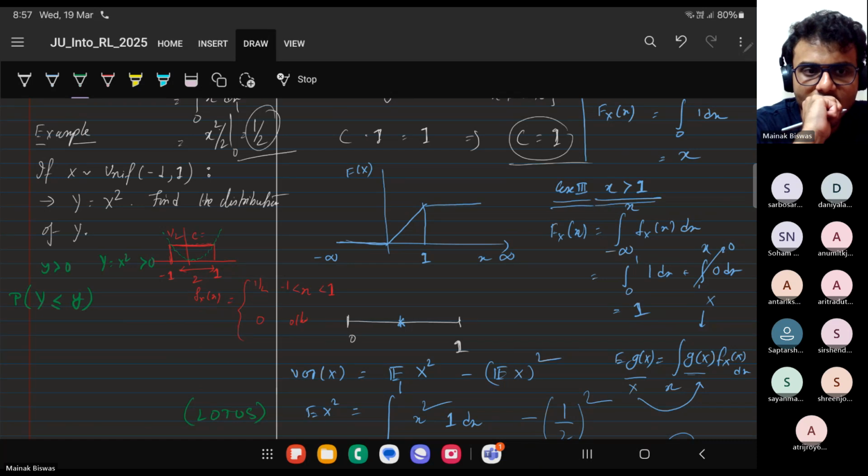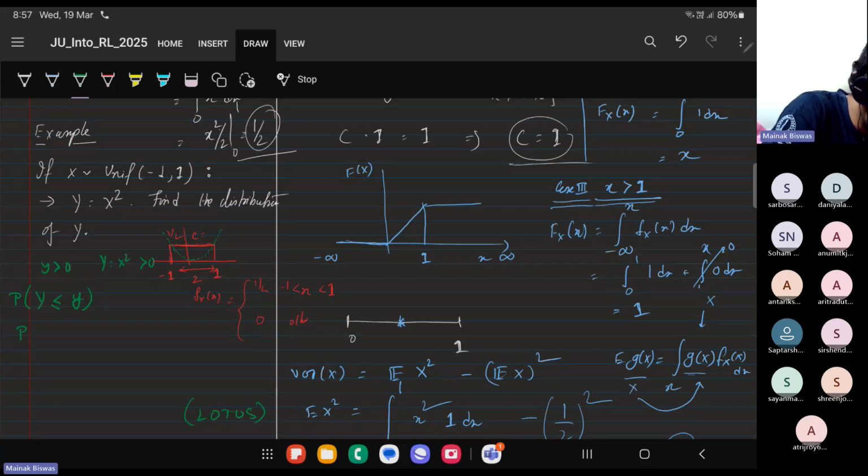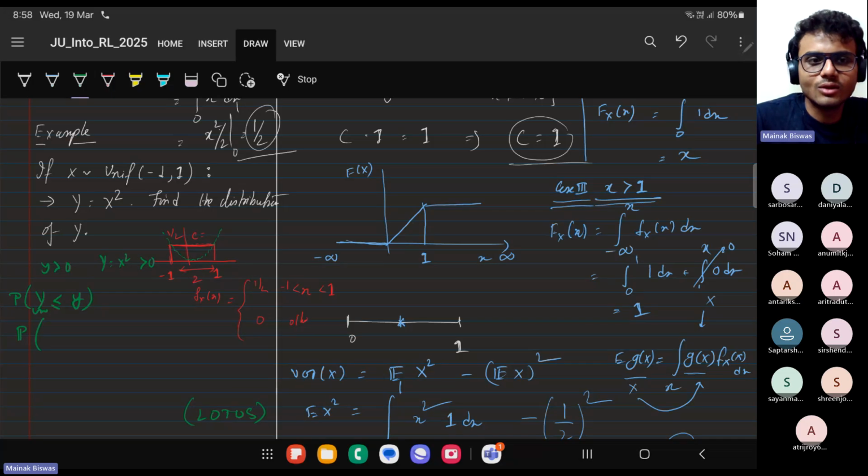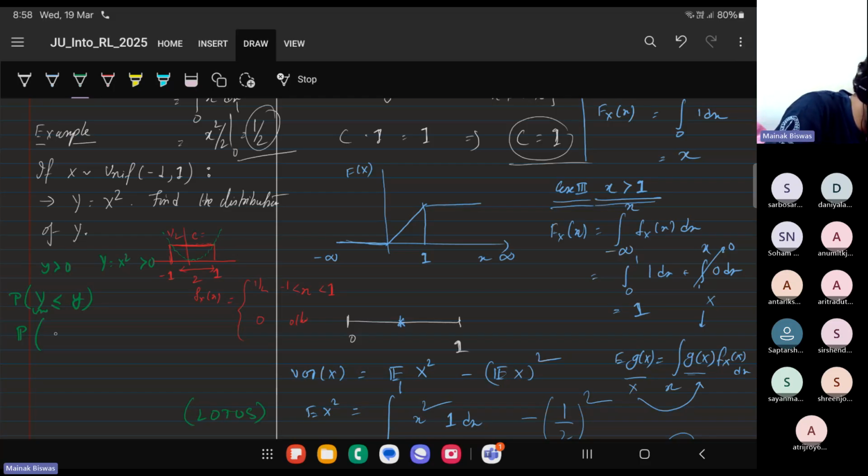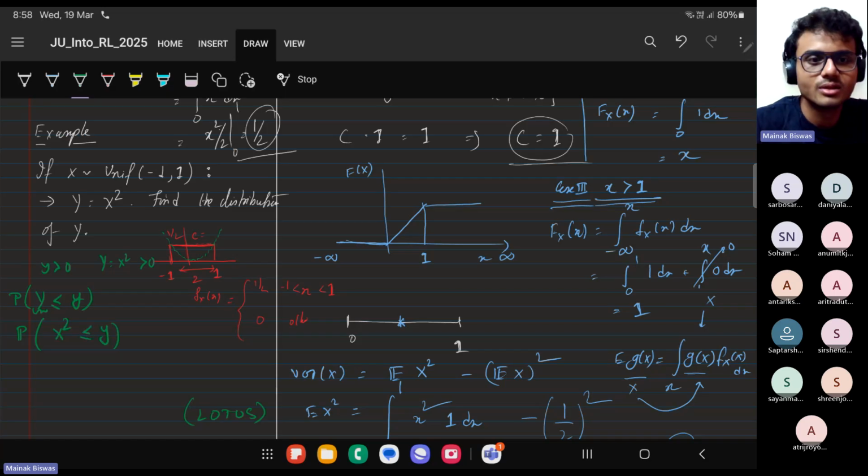Now if Y is less than y, what can I write? Again, what is the trick? I replace Y with x squared, since the random variable Y can be written in terms of x. So I can write x squared less than y. Please ask me if there is any doubt.